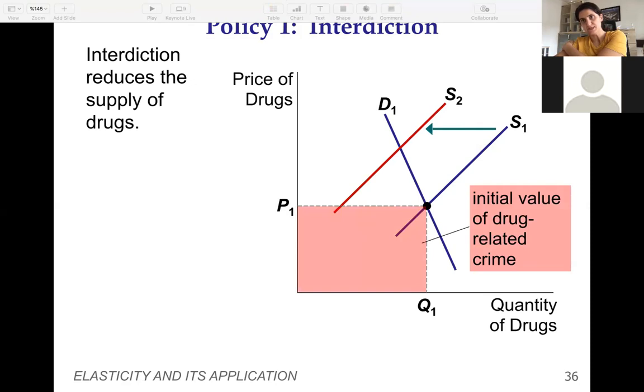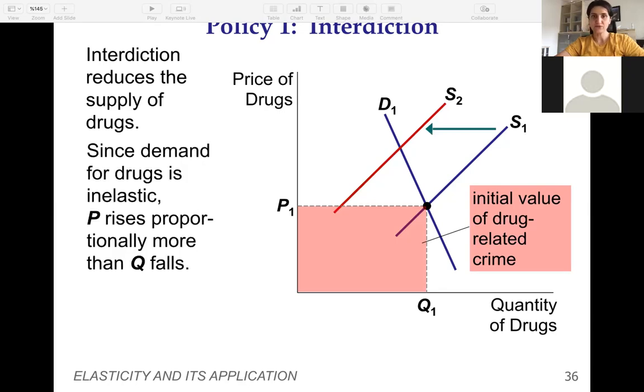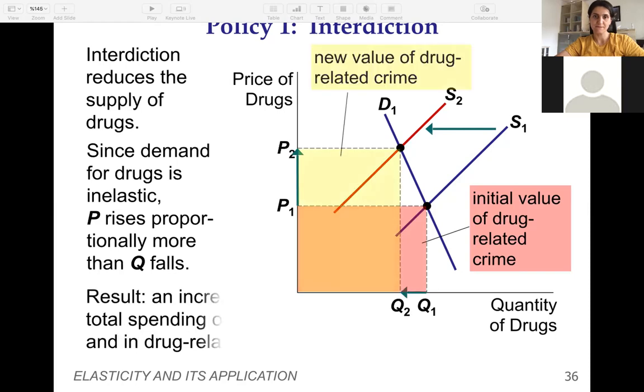Price will increase, quantity will decrease. But since the good is inelastic, Q is not going to decrease as much as the increase in the price. Hence, what will happen? Revenue will increase, so an increase in total spending on drugs and in drug-related crime.